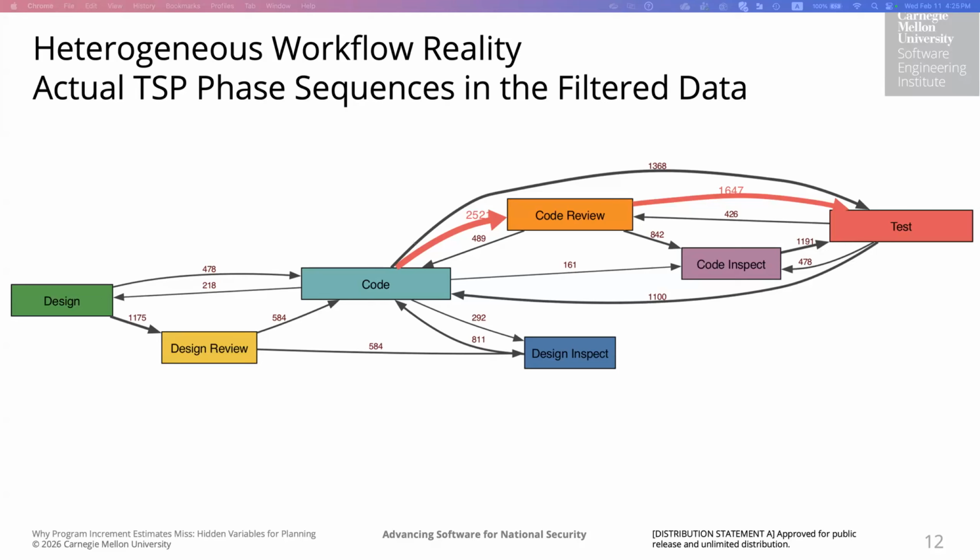Technically, this should not have happened. However, it's real data, so these types of things are not uncommon. Another thing we can see is that the strongest link is from code to code review to test, which is consistent with what we might expect. So the quality of the data is not too bad, basically.